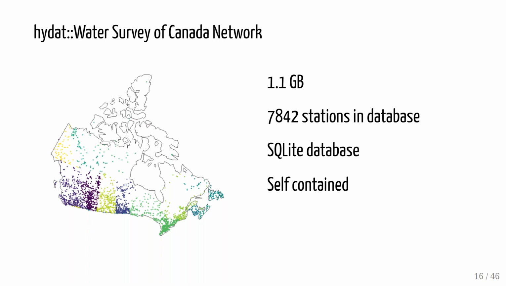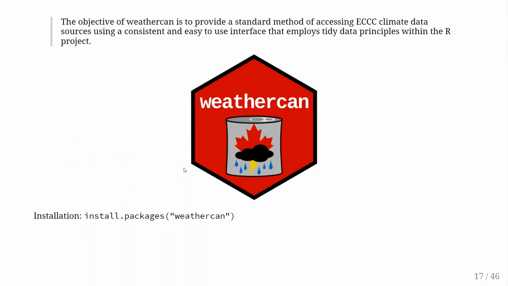SQLite is a very usable, portable, accessible, and self-contained format that we're able to leverage in R. All the data is contained in there. It's published quarterly, so that it gets updated as data gets verified. And that is the primary data source for tidyhydat, although we can get real-time data.